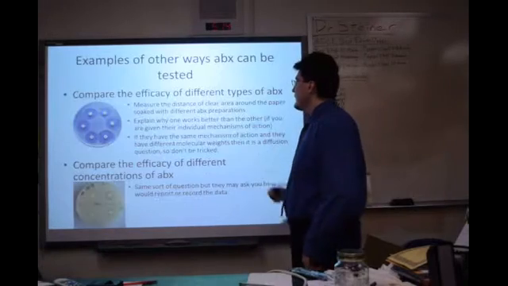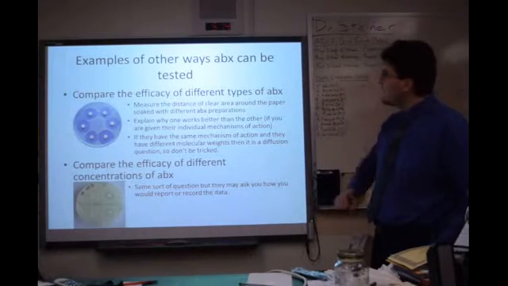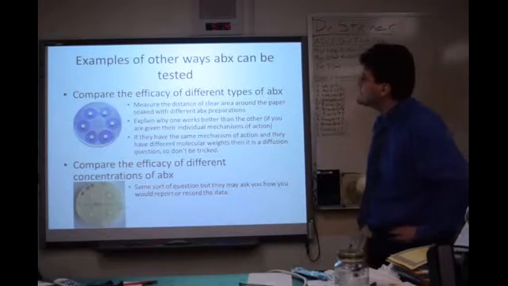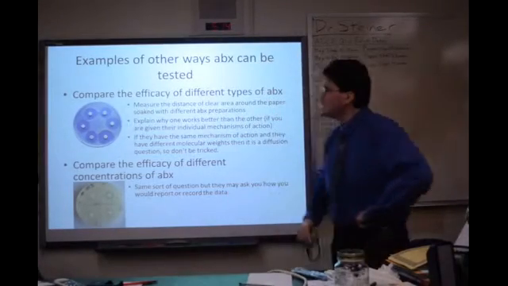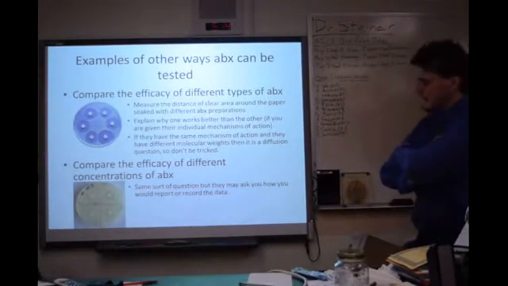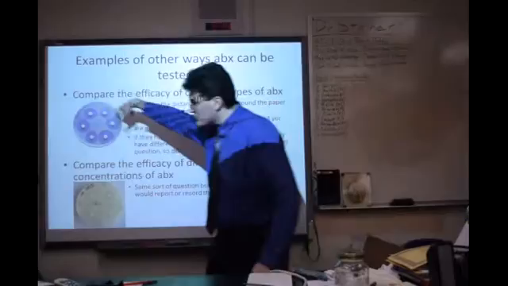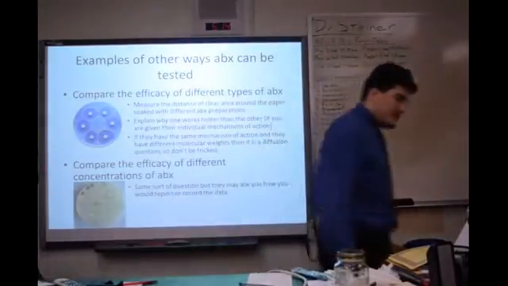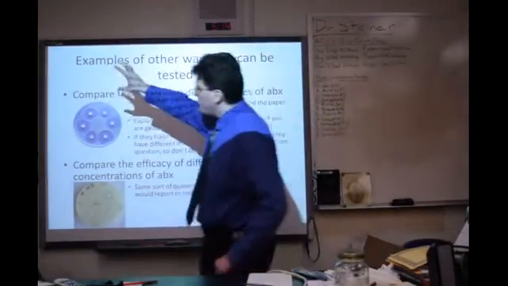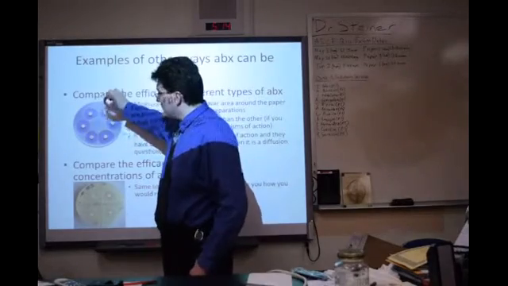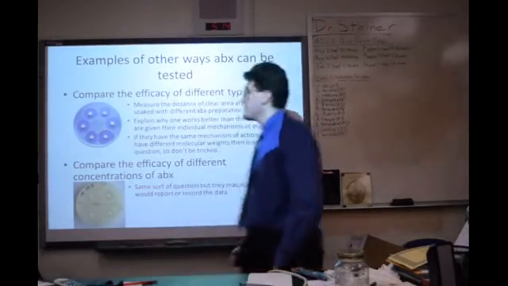Okay, so here are some other ways that antibiotics can be tested. Compare the efficacy of different types of antibiotics. This is a masked ring. This is a group of antibiotic-soaked pieces of paper.